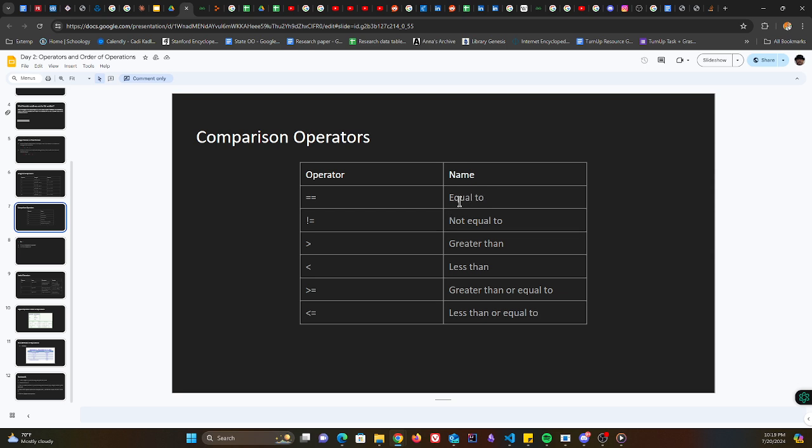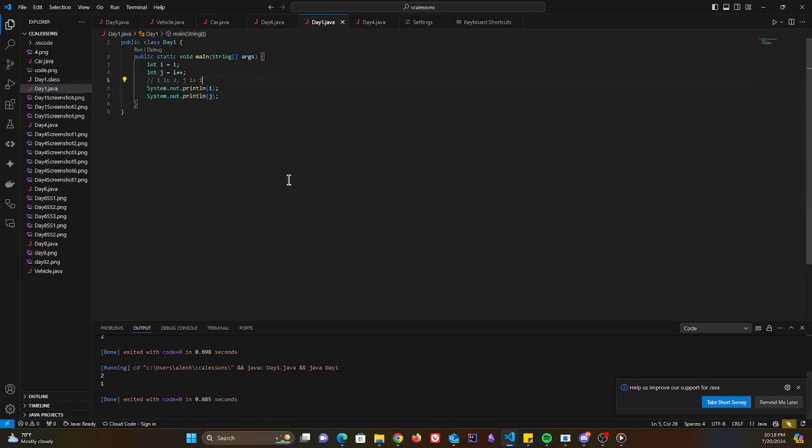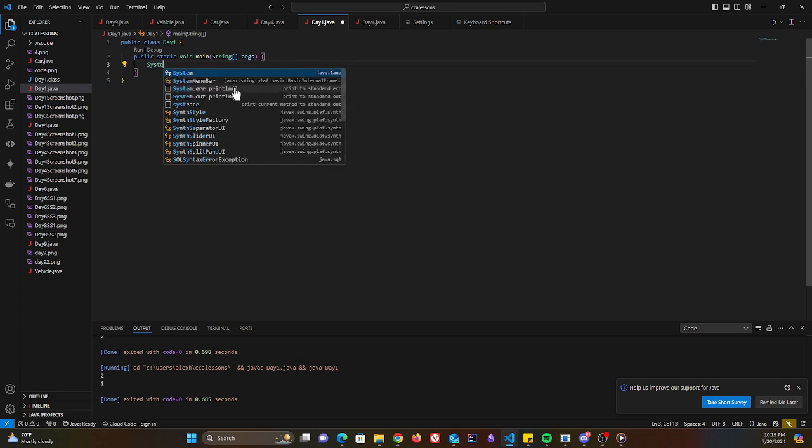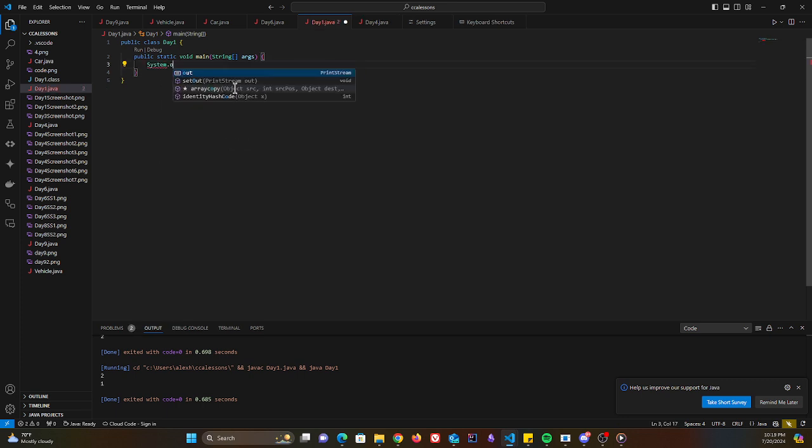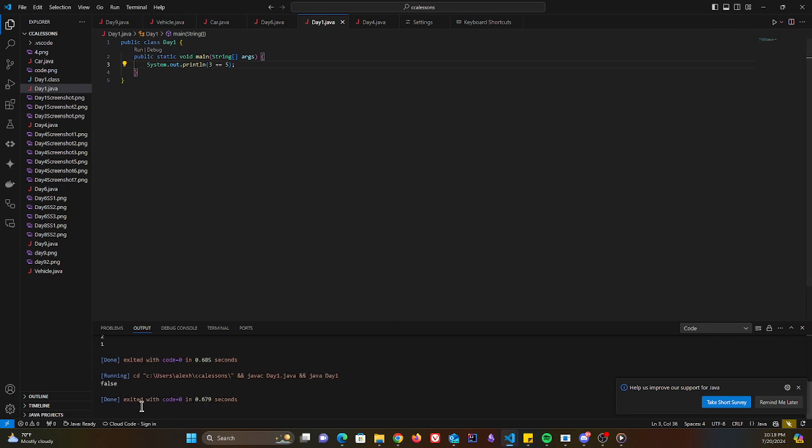If we return 3 equals equals 5, since 3 doesn't equal 5, it will return false.